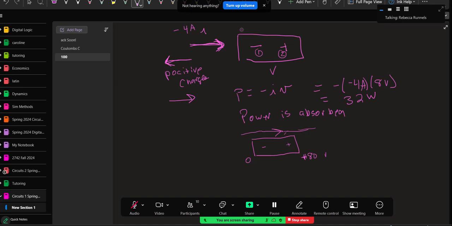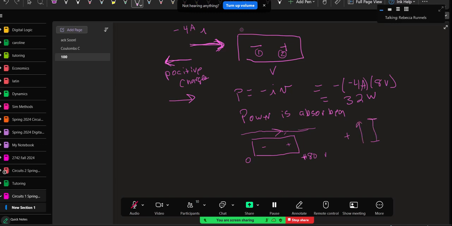Are they gaining energy or losing energy? Gaining. Electrons? Yeah, they're going to a higher potential. Okay, so positive charges gain energy as they go from low potential to high potential.